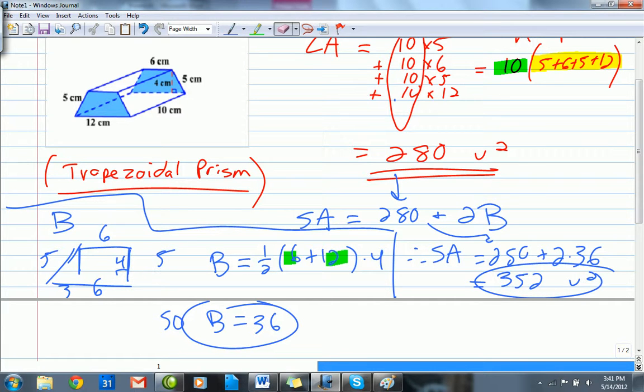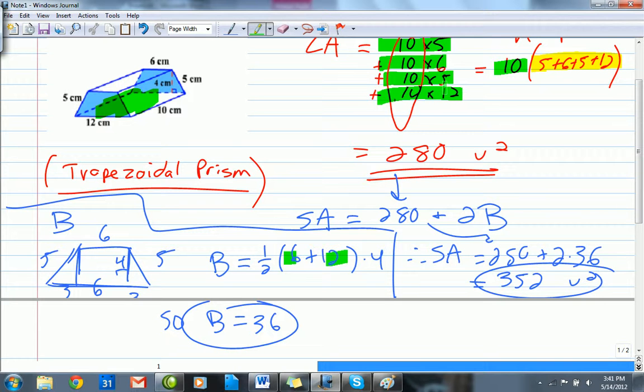Note that the lateral area is just the area of the 4 sides. 1, that's 10 by 5. 2, 10 by 6. 3, 5 by 10 again, and 4, that's 12 by 10.